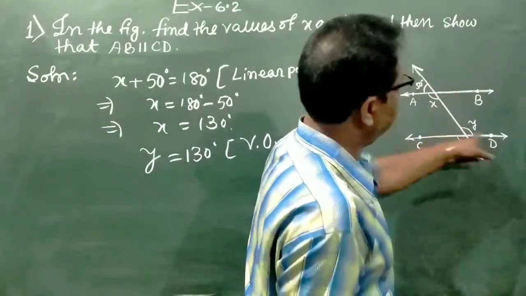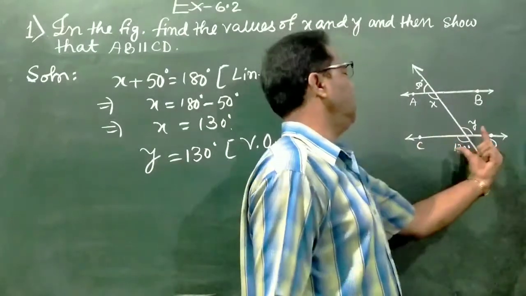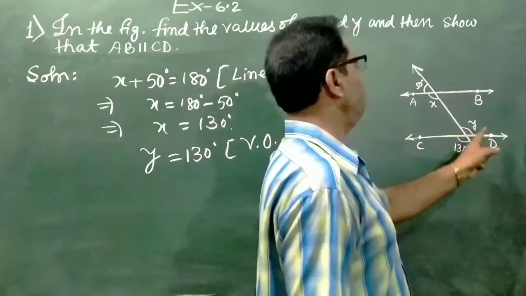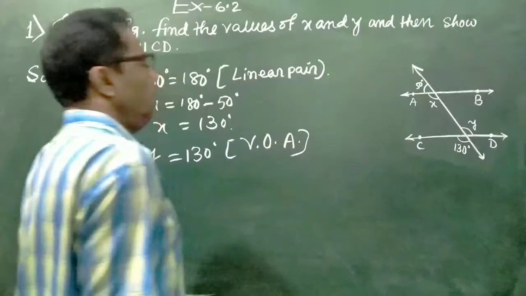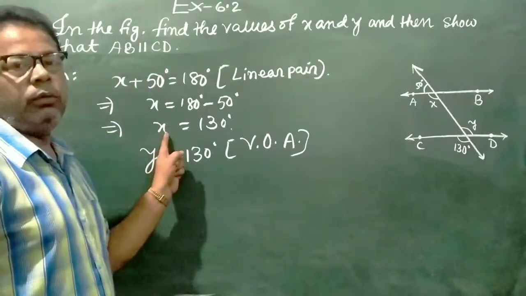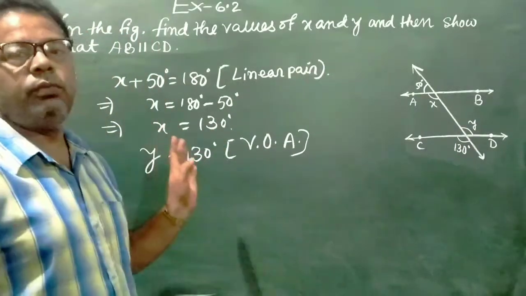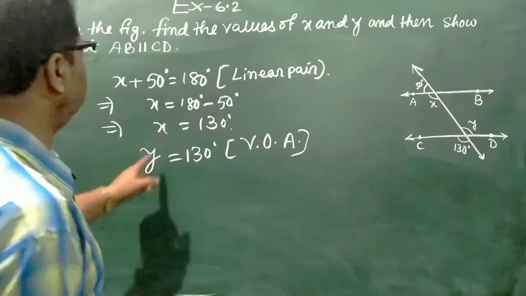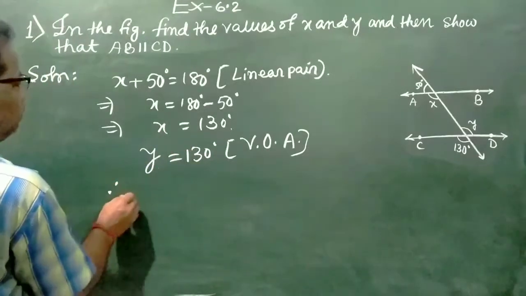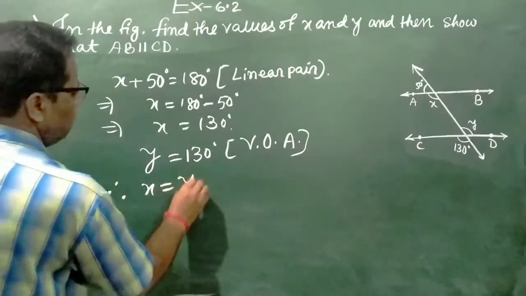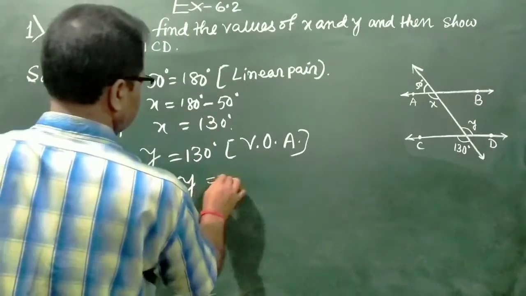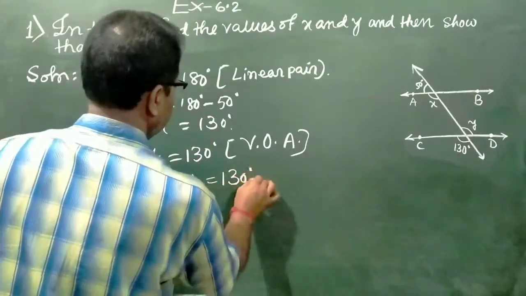Two lines intersecting at one point, then vertically opposite angles are equal. Therefore y is equal to 130 degrees. So we have found the value for x and the value for y. These two values are equal. So x is equal to y, both equal to 130 degrees.